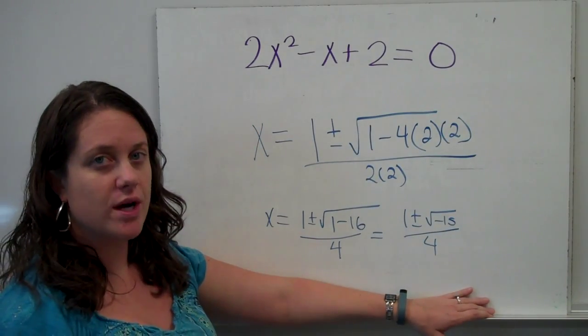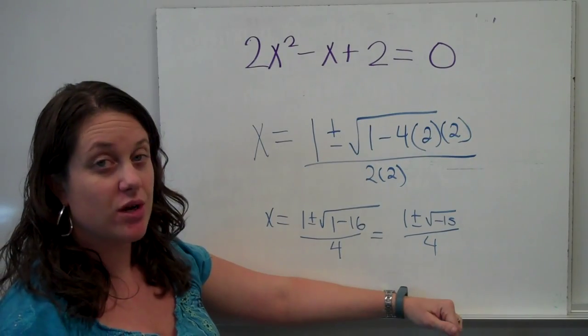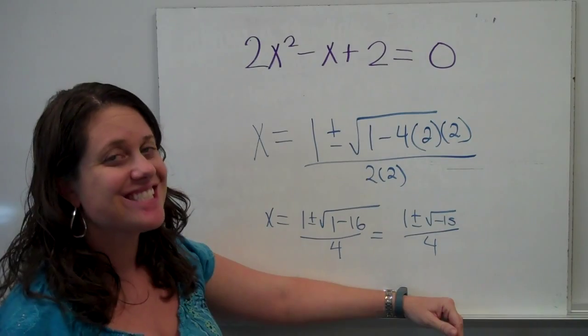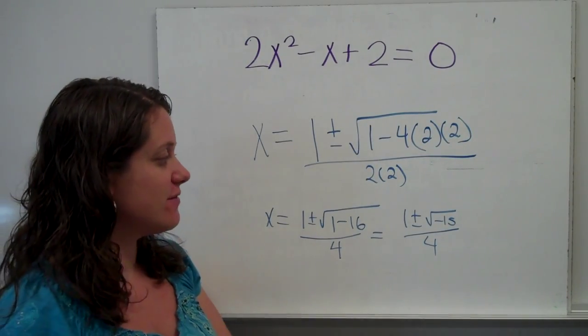Okay, so look what happens here. Now I'm stuck with a negative square root, so what happens? The complex numbers come back in, okay? So you knew those were coming back eventually.